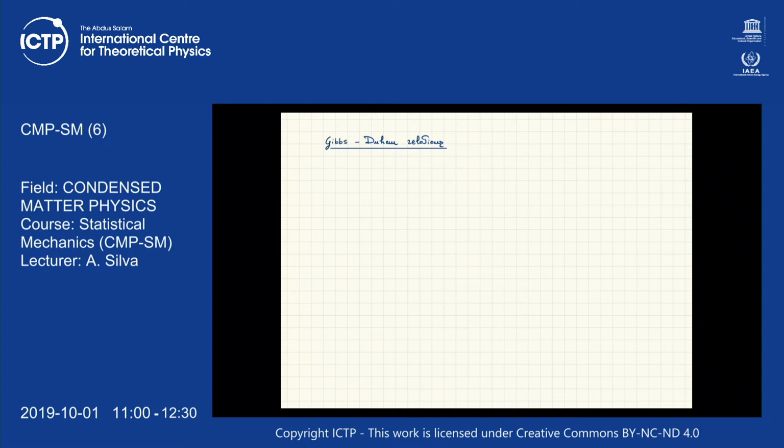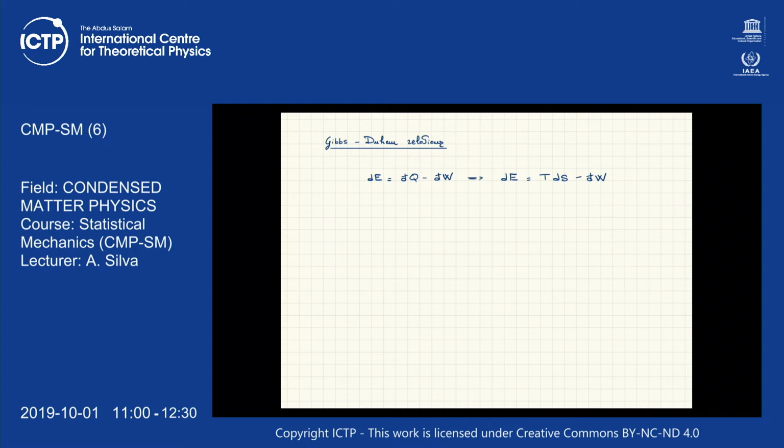It's something extremely simple. If we use the first principle of thermodynamics, dE is equal to dQ minus dW, right? So if we are on an infinitesimal reversible transformation, then this is going to be equal to TdS minus dW.